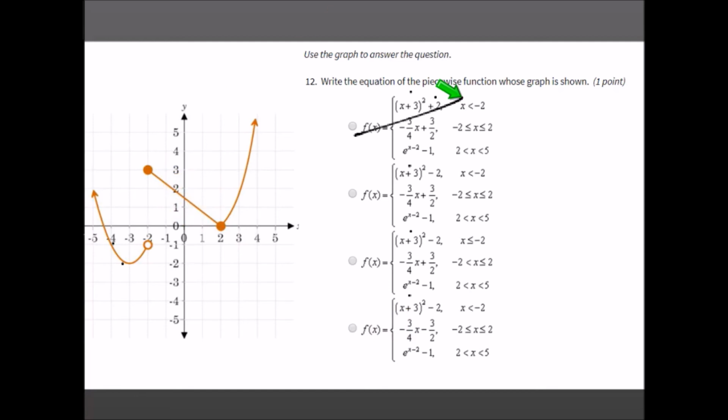The next thing I want you to note is when I come over here, I see a linear piece, and I see a y-intercept of about 1.5 or so. And according to these, I'm looking at this second piece. Well, I need +1.5, which means this one can't be it because it has -3/2 there.